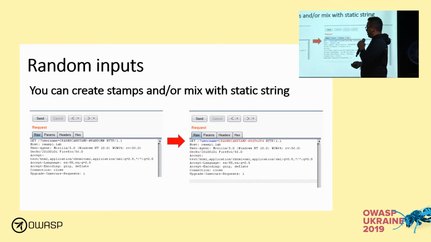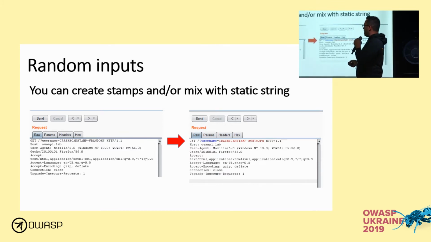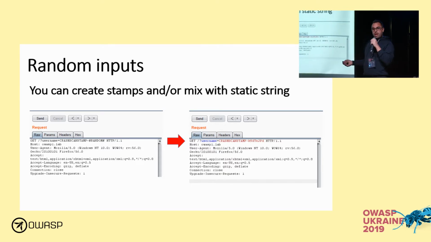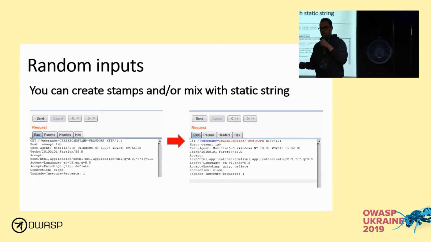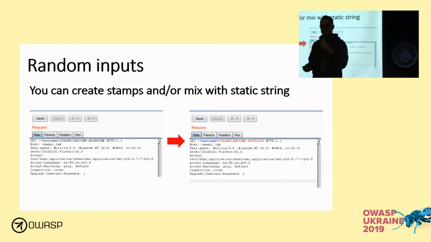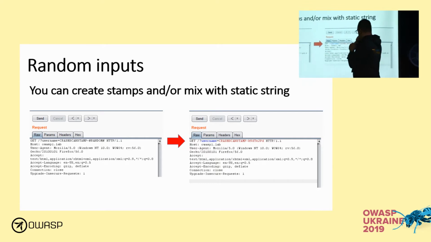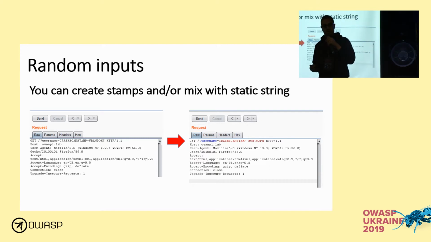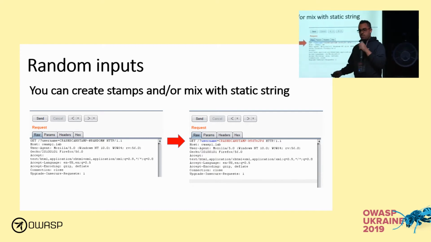For example, I created here my crash stamp dash random, so it will be like that. This way I know that this user was created by me, so I can track my actions inside the application and inside the database. And if someone says, "Man, there are a lot of users created here," yeah, it was me. So then you can say that it was you.